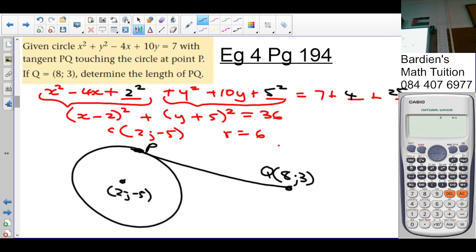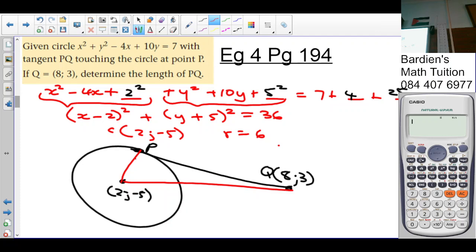So what do you think we're going to do here? Complete a triangle. Okay, so what do we know about this triangle?